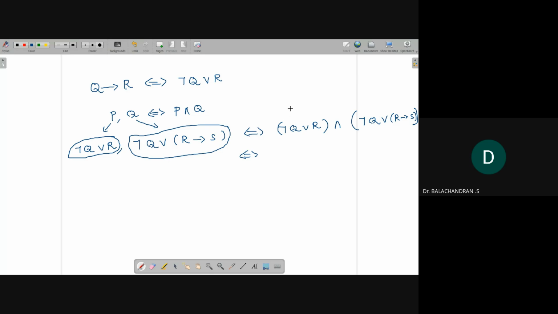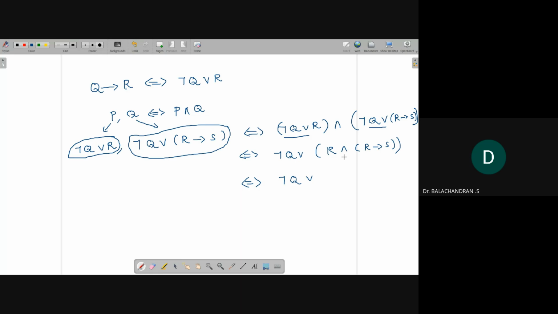If I use distributive law here, that is negation QR, negation QR, and then R and R implies S. So by distributive law, this is equivalent to negation Q R, R comma R implies S.